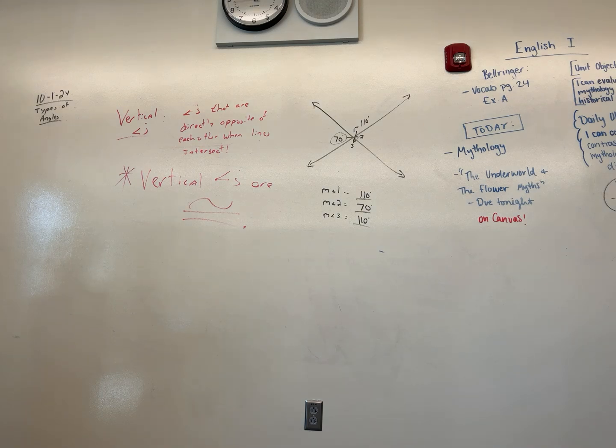The next page. Circle the odds. 13, 15, 17, 19, 21. Okay? Then it goes to practice 2-5. Circle 1, 3, and 5.